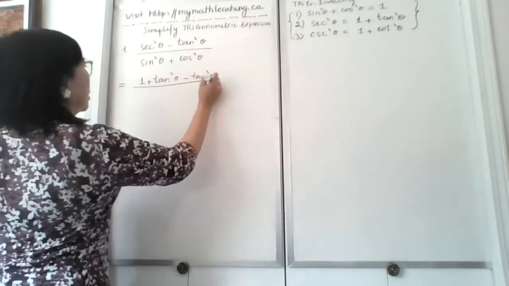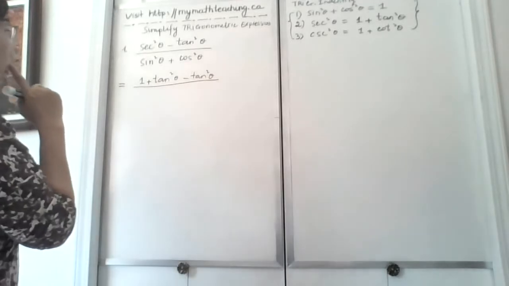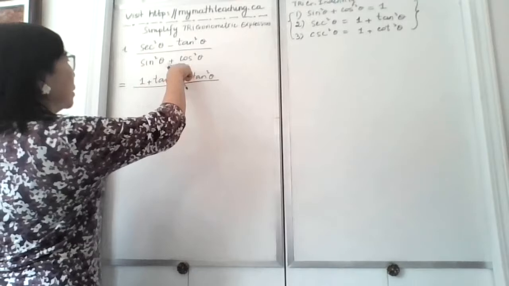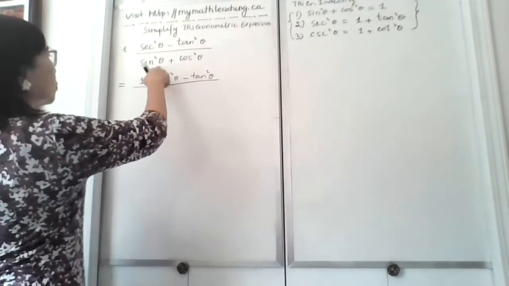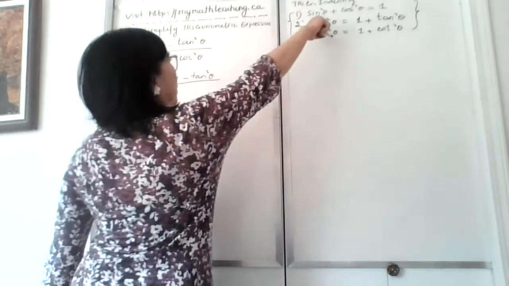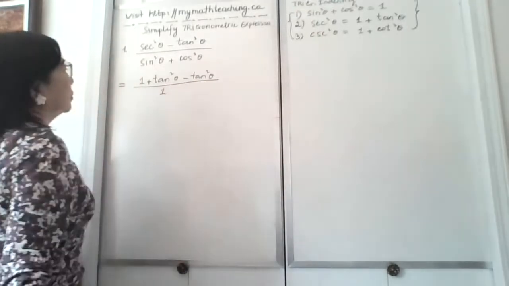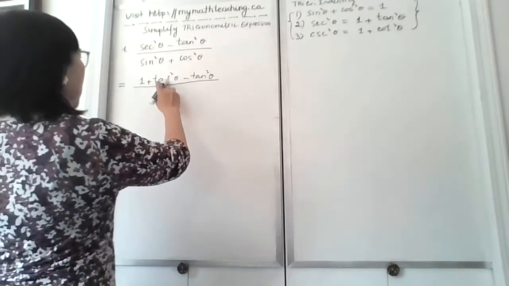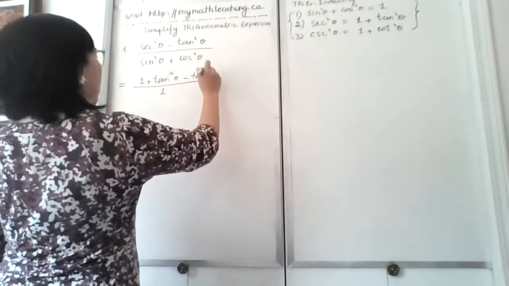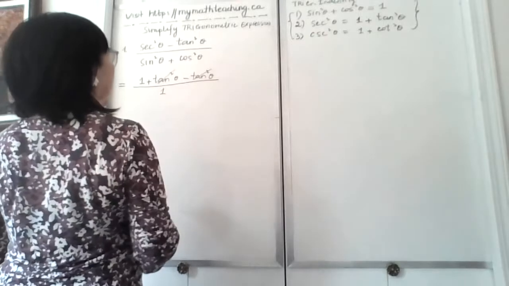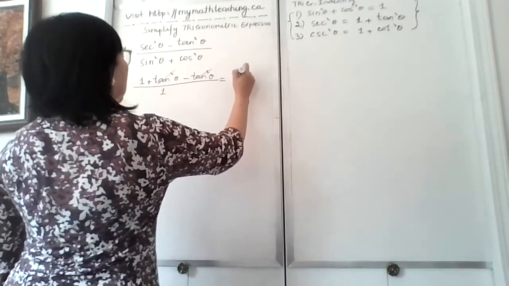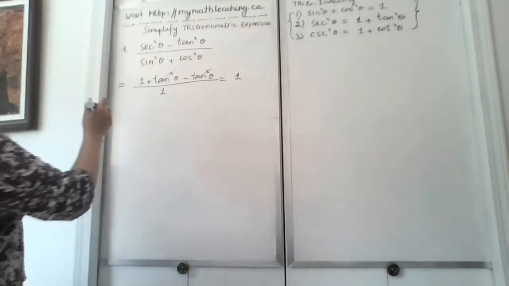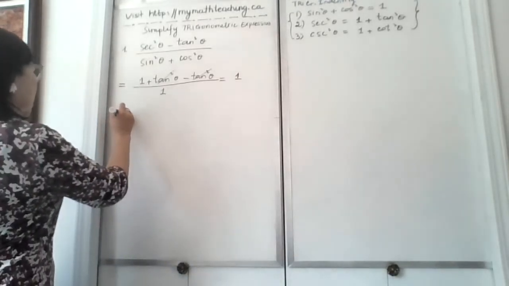Down here, we have sine square theta plus cos square theta, and we use the first identity, which equals 1. Now we can cancel the tan square theta with the minus tan square theta, and this expression just equals 1. How simple it is. Now, let's do the next question.